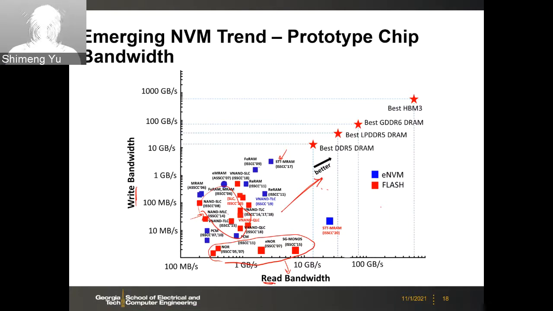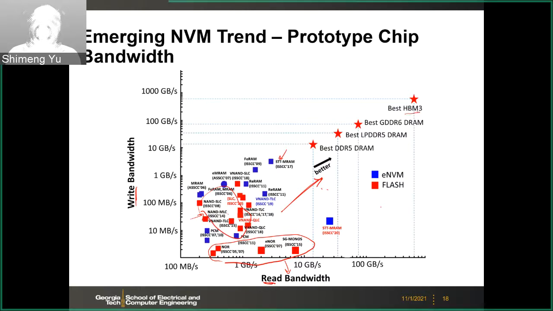Some of the emerging non-volatile memories outperform the NAND flash, and they should, because NAND flash speed is low anyway. But they are not there yet to compete with the DRAM, especially HBM, because with HBM you have wide I/O, and then you can have very good read and write bandwidth for the latest HBM third generation.